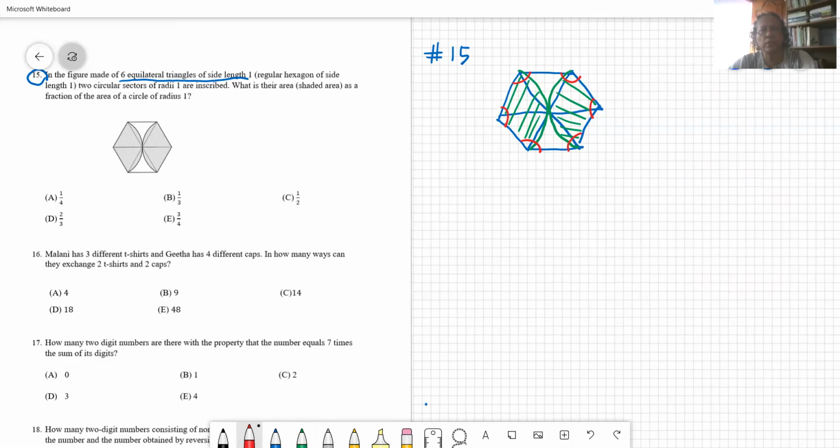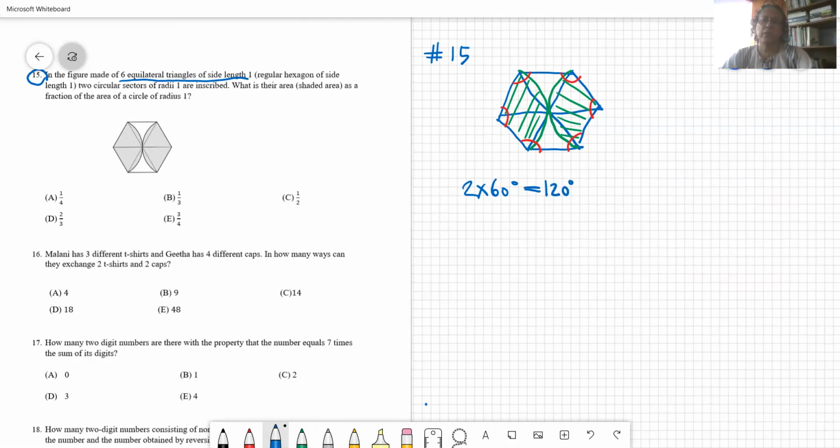Here it is 1. Now, what is this angle? Since this angle is twice the angle of this equilateral triangle, which is 60, it is actually 2 times 60. So this is 120.